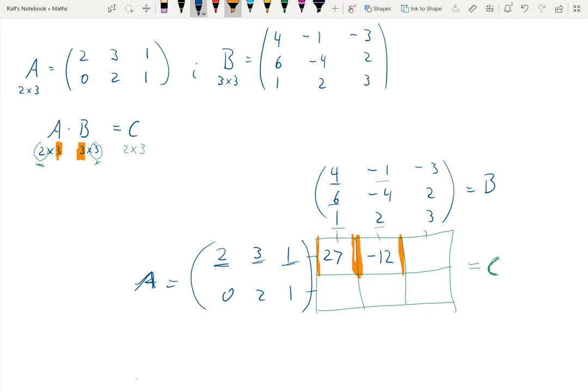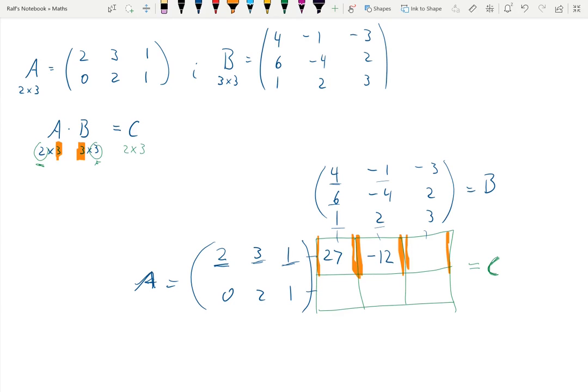And you can perhaps already see where the pattern lies. Now we're looking at this element. It doesn't matter in which order you calculate the elements. Now we're going to have the inner product of these two vectors. So 2 times negative 3 is negative 6, plus 3 times 2, which is 6. So negative 6 plus 6 is 0, plus 1 times 3.